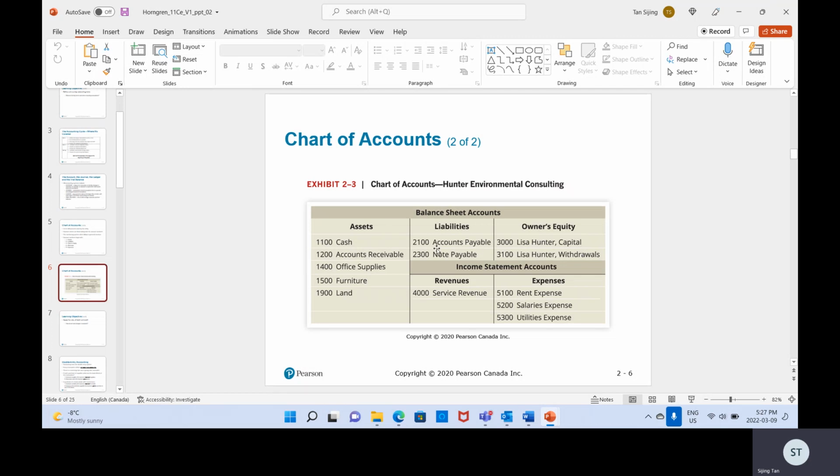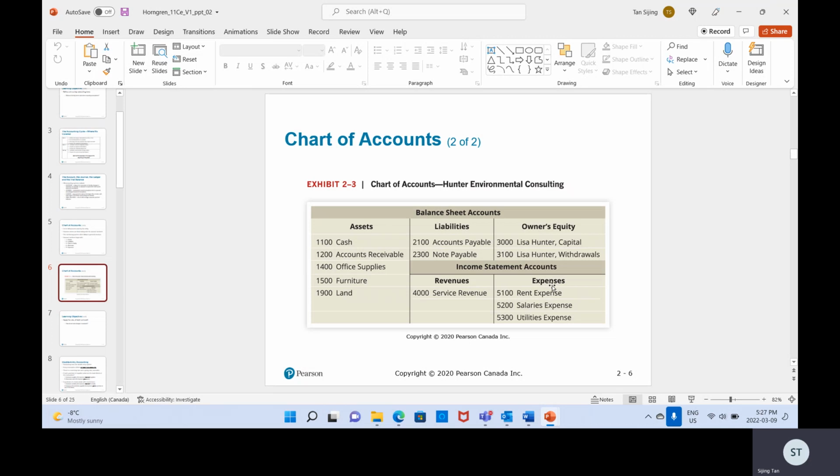Assets normally start with 1,000, liabilities 200 or 2,000, owner's equity 300 or 3,000, revenue 400 or 4,000, expenses 500 or 5,000. Accounts of a similar nature are grouped using similar numbers. Many companies use these groupings, which is a tip that helps you identify the type of account when the title of the account is confusing.